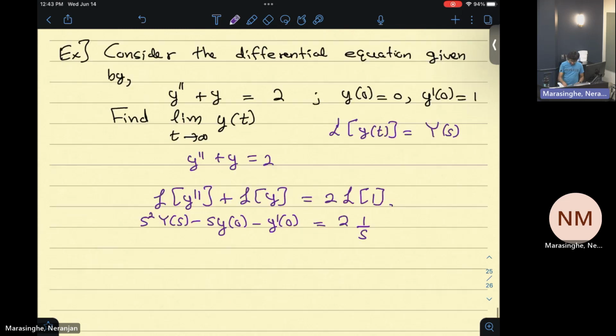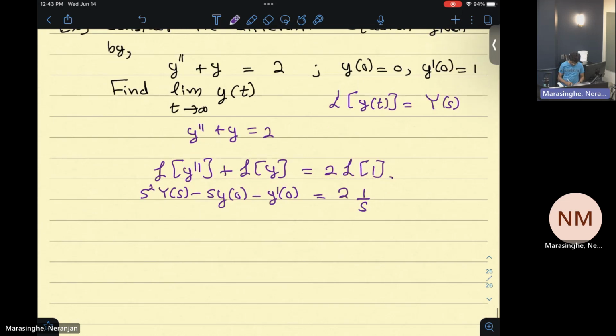Right, so y(0) is 0, y dash (0) is 1. So I would get s squared Y(s) minus y dash (0), that is 1, equal to 2 divided by s. Then I would take 1 to my right hand side, 2 divided by s plus 1.